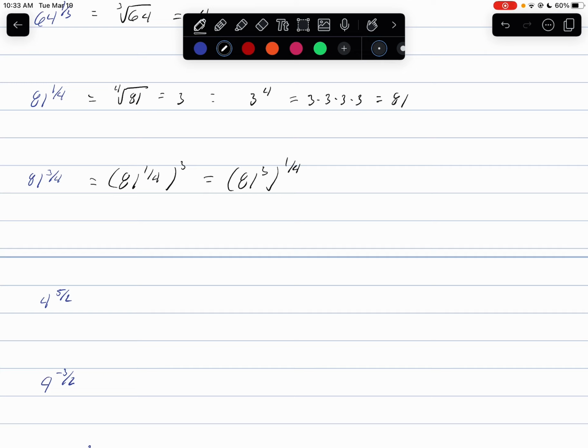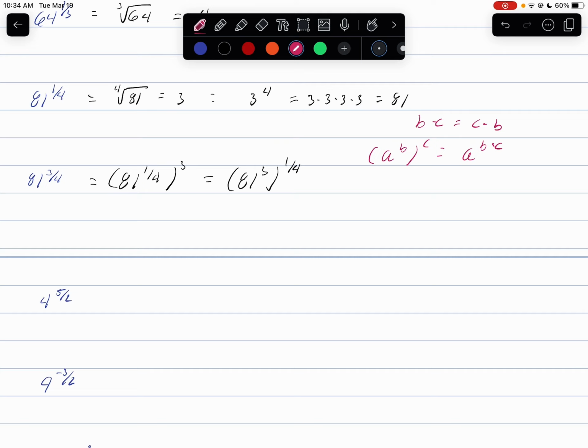These two are the same because, if you remember, if we have a to the b raised to the c, this is equal to a to the b times c, and we know that b times c is equal to c times b. So we can just switch the order here. We can have 81 to the 1/4 to the 3rd, or 81 to the 3rd to the 1/4. They are both equal to each other, okay? This is all just a direct consequence of the basic rules of multiplication.